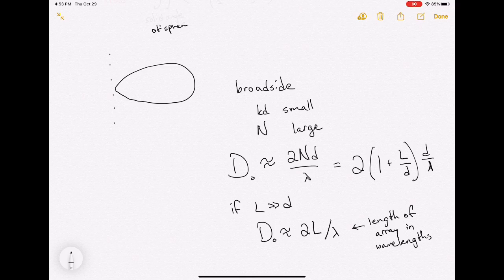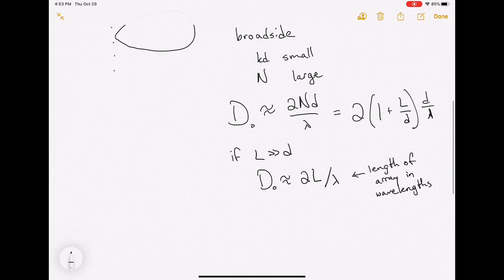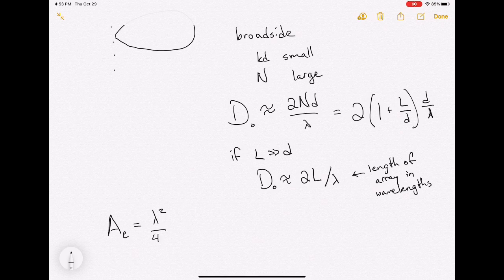Well, this is kind of interesting if you compare it to the equation for effective aperture. Remember, effective aperture of an antenna of any kind, including an array, is lambda squared over 4 pi times the directivity.